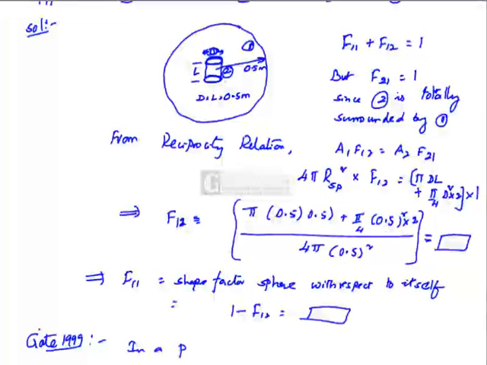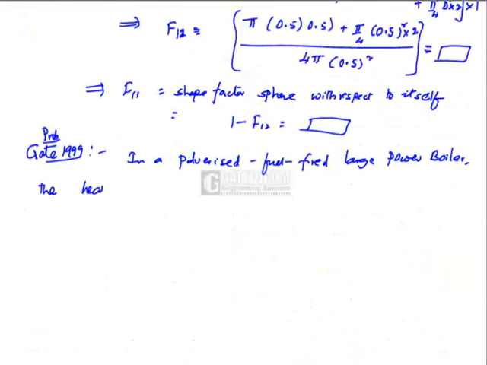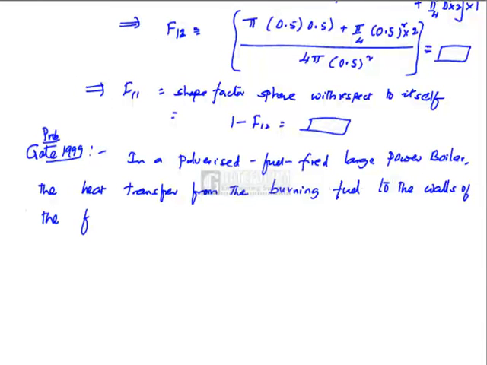In a pulverized fuel-fired large power boiler, the heat transferred from the burning fuel to the walls of the furnace is: A. By conduction only.